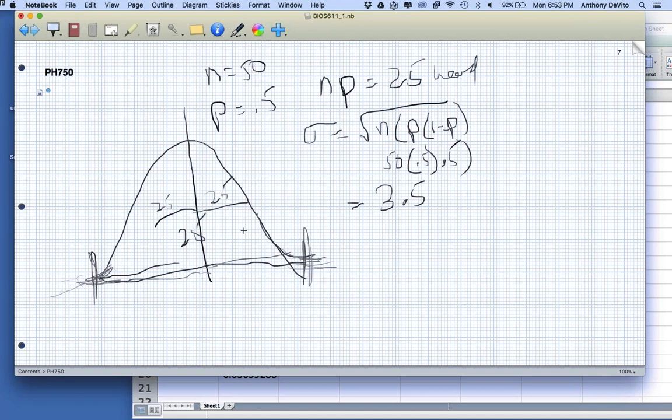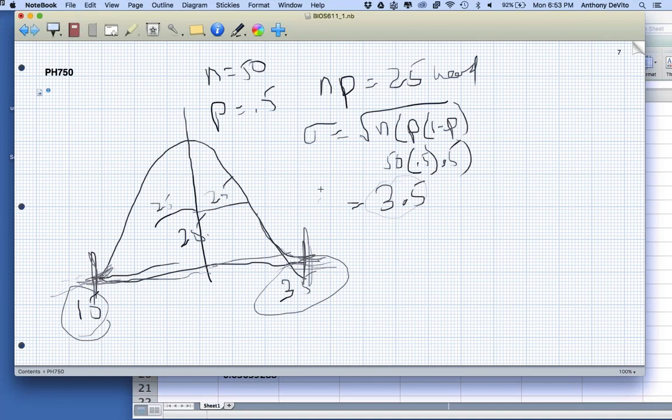So I'm going to multiply that by 3 and call it approximately 10. We would expect to see our values between 15 and 35. We would expect almost none of the time to get values below 15 or more than 35, because it would be such an unlikely outcome, like that 10 to the minus 10 that we were looking at in that other example.